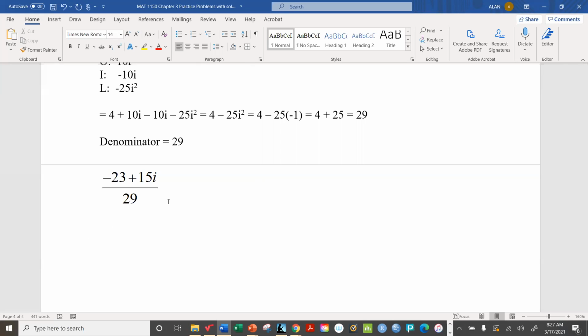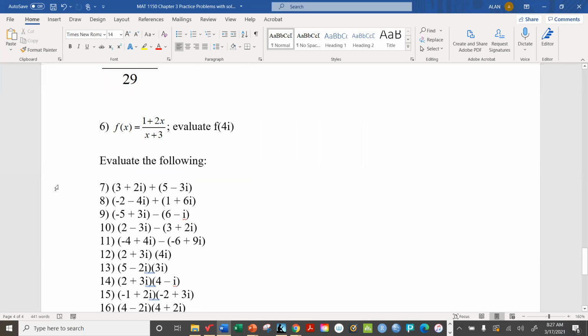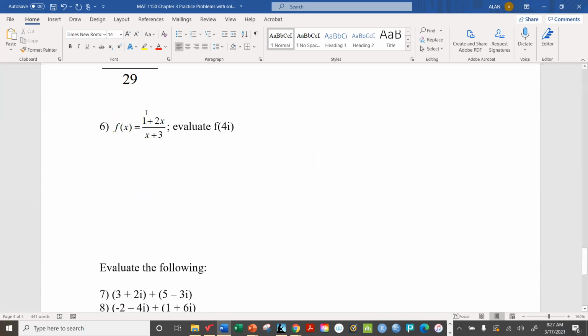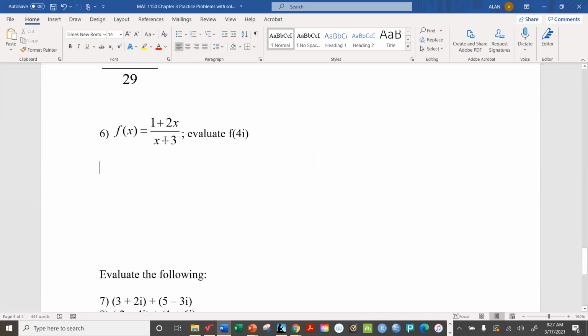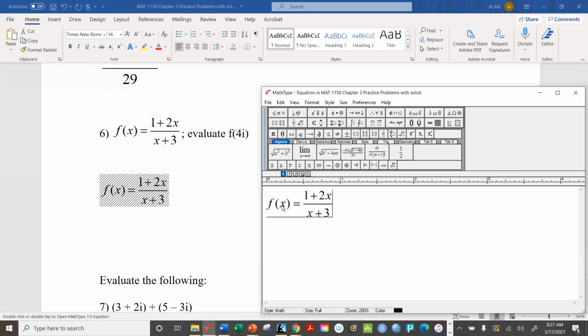Okay. All right. Now the next one is similar. Now maybe it's a little bit less messy. So we're replacing all the x's here with 4i. So let's see what happens then. Okay, so f of 4i is now equal to, so this x becomes 4i.